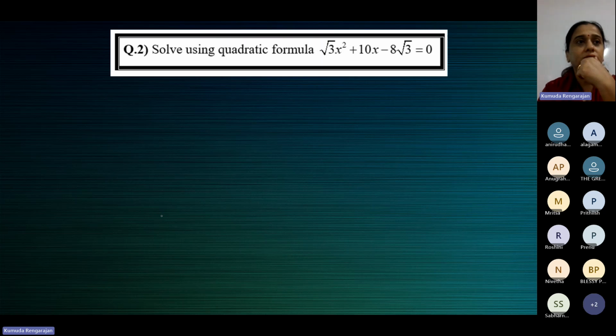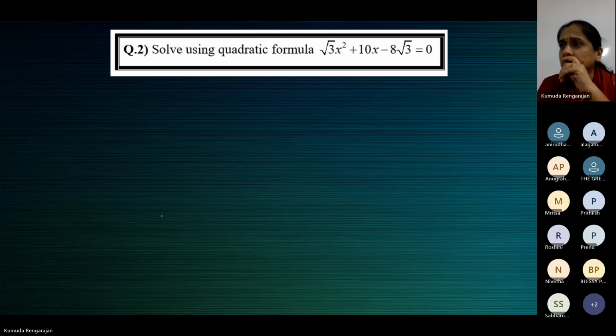We're doing this, right? Completed? Yeah. What are the values of x? 2 by 3 and minus 4 root 3.